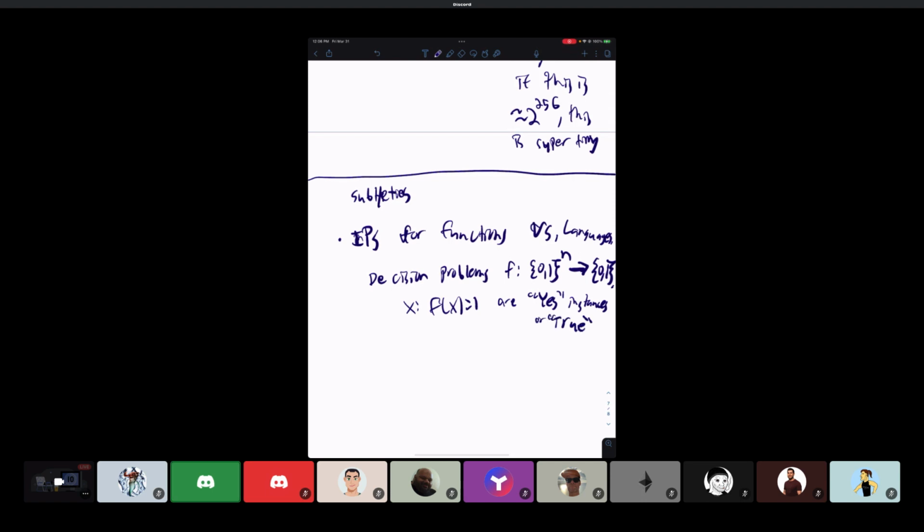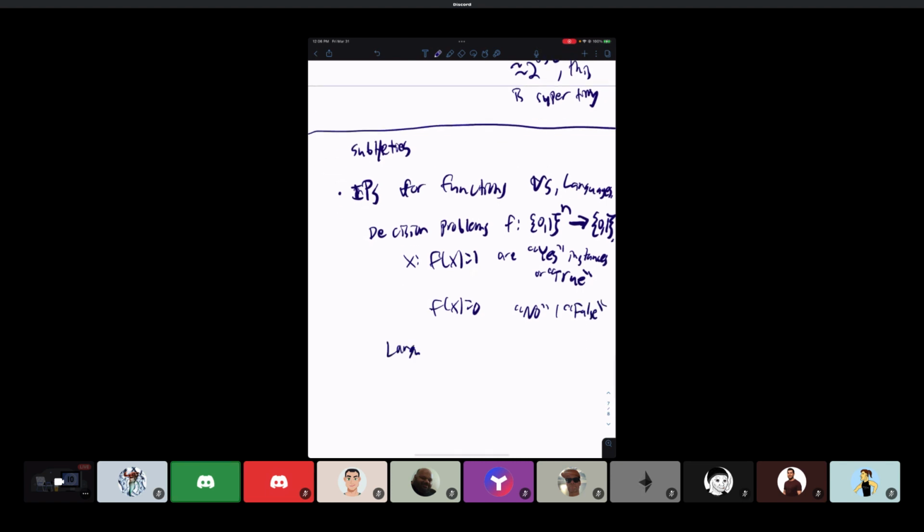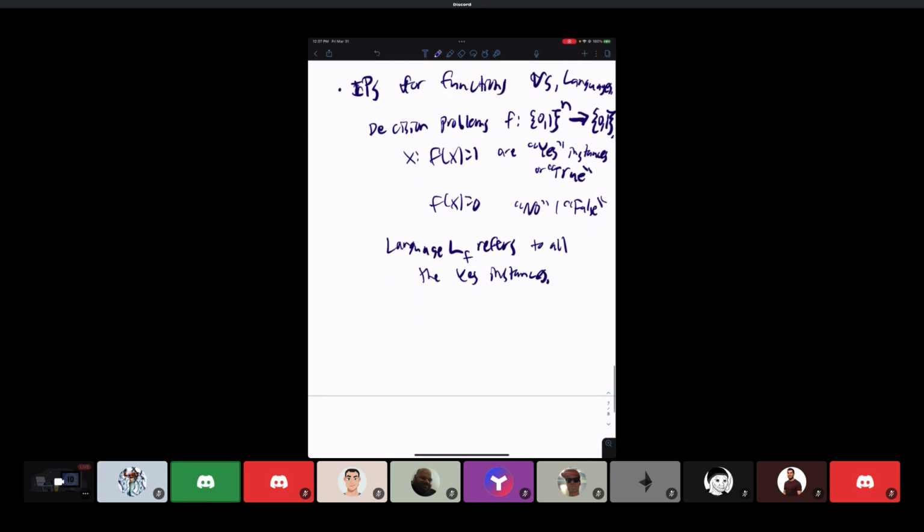Yes and true are sort of the same, and f of x equals 0 is no or false. Okay, and a language just refers to all the yes instances. So a language is just a subset of strings, namely those strings that f maps to yes.